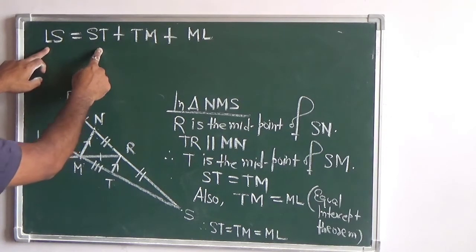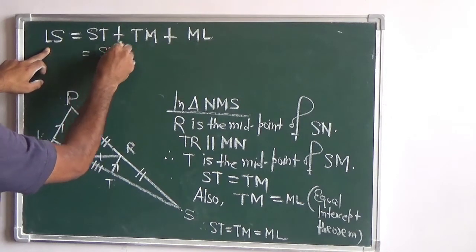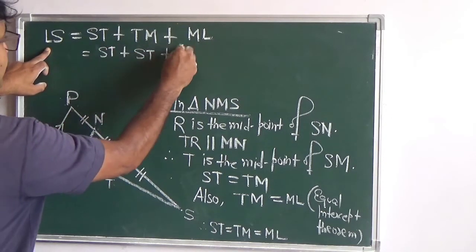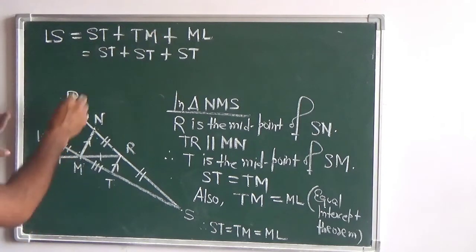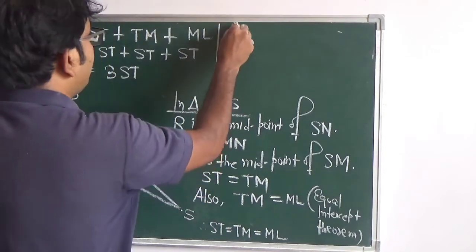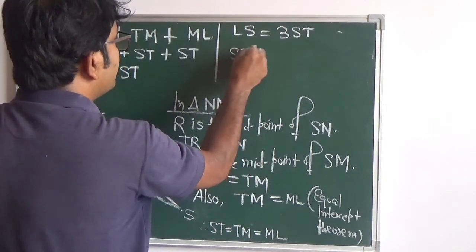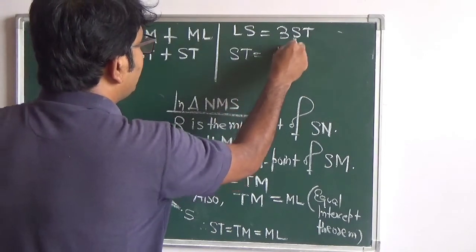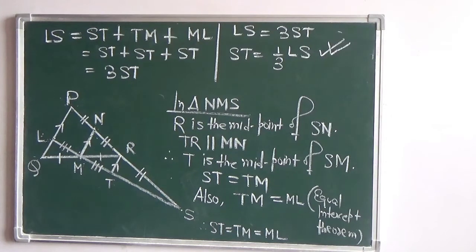Now since ST equals TM equals ML, we can write ST plus ST plus ST, because ST equals TM equals ML. So this is 3ST. So we have LS equals 3 times ST, or ST equals 1 by 3 LS. So the first part of the question is done.